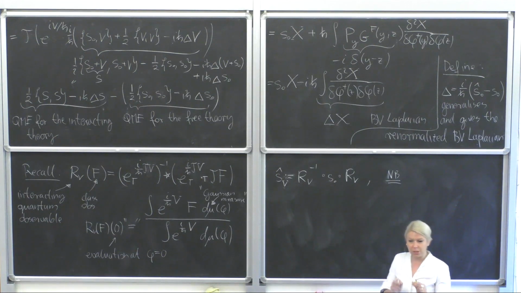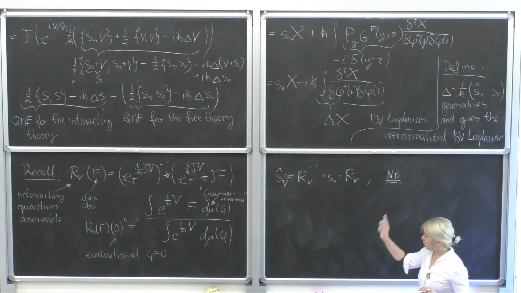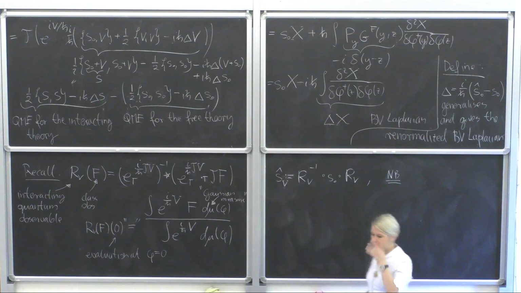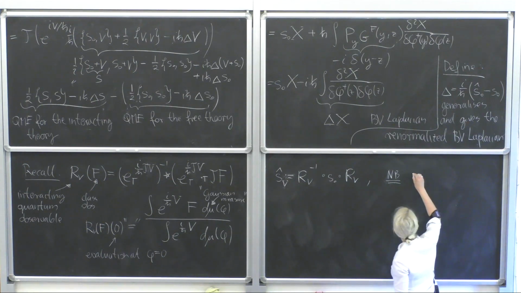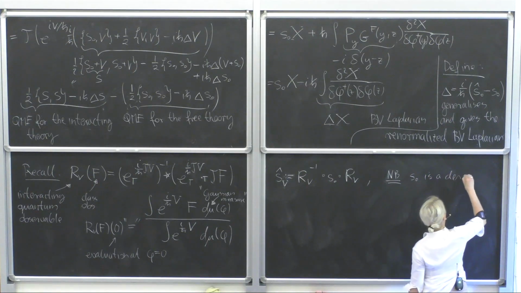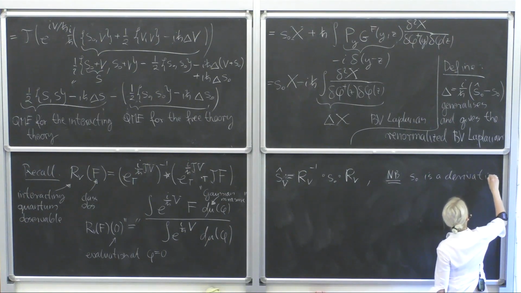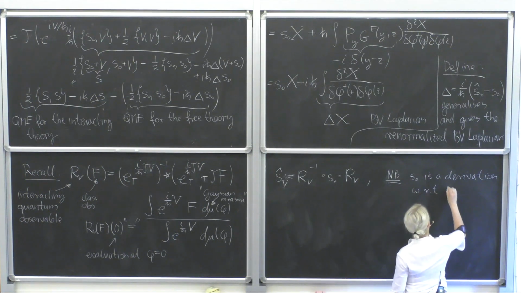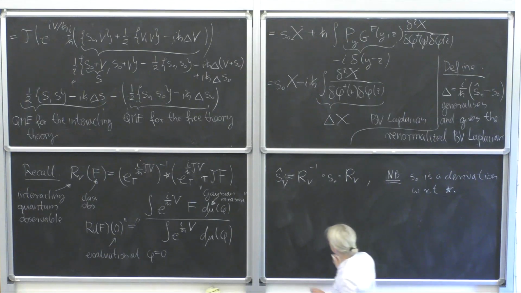And the computation is very similar to the computation I did when I computed S hat. So you can probably do it at home. So S0 is a derivation with respect to star.